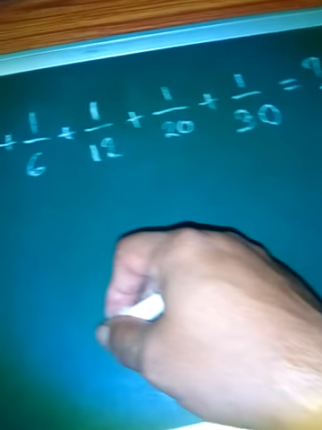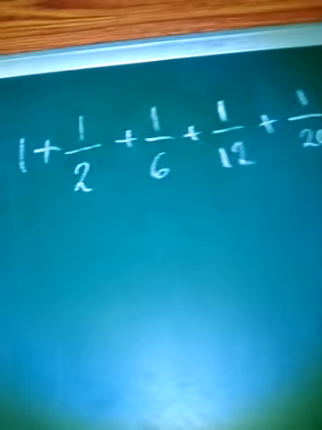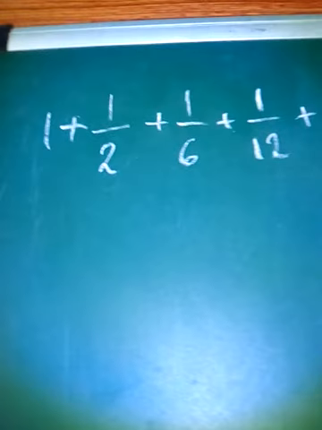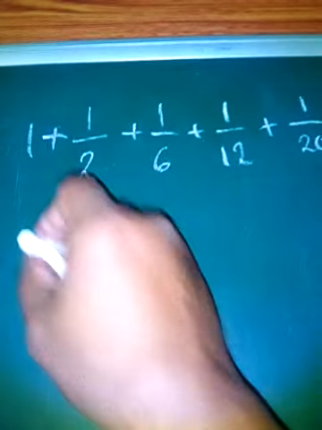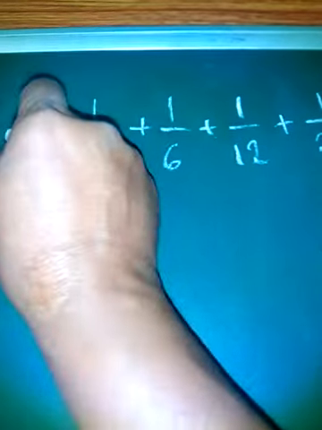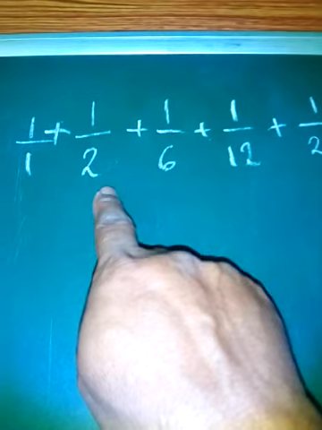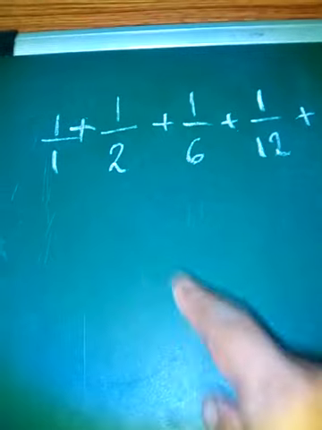And today I am showing you the trick of this question. So this 1 can be written as 1/1. Now if you observe these denominators carefully, 1, 2, 3, 4, 5, 6, these 6 denominators are here.